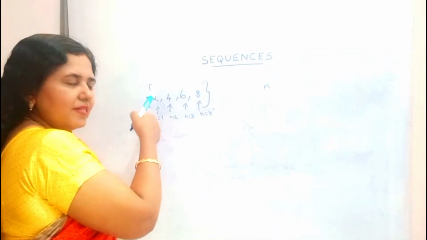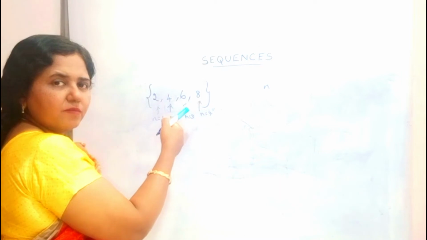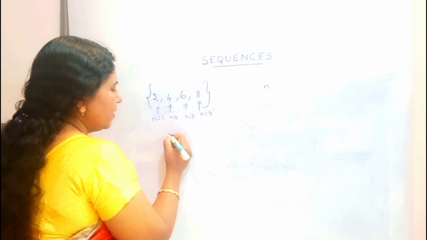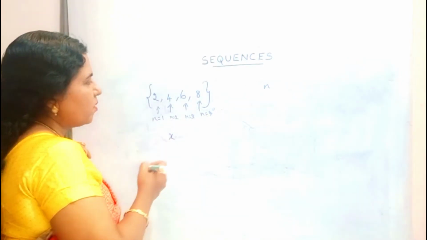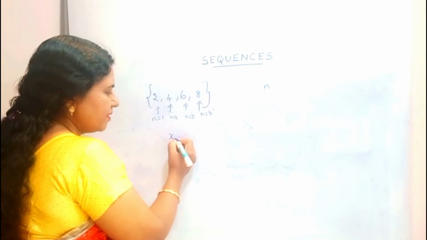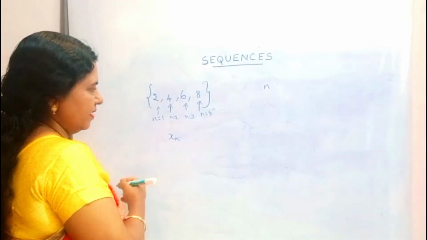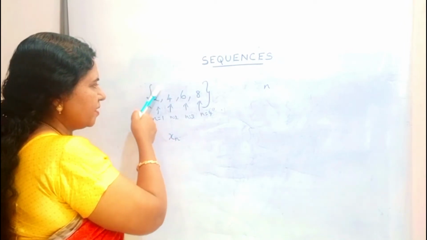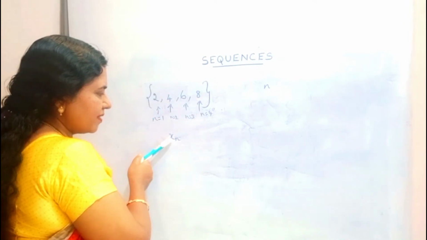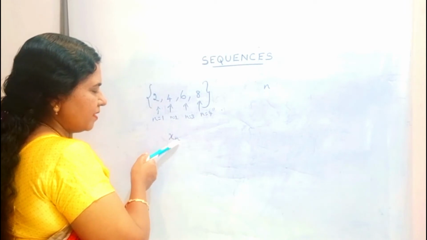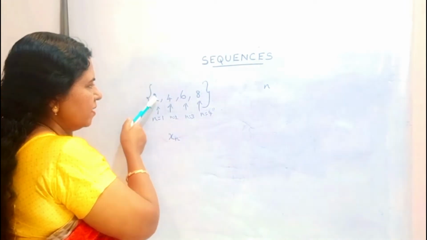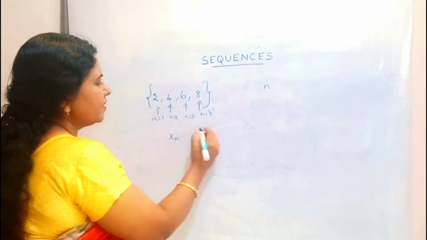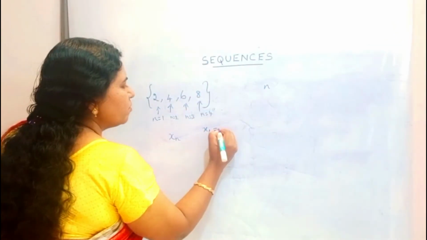Okay. Now similarly, in order to represent the terms also, we can use a variable. So let it be x. In order to differentiate the terms, we can use n here. This n is nothing but this variable. So for this first term, it becomes x1. Here in the place of n, we will be having 1. So x1 is equal to 2.